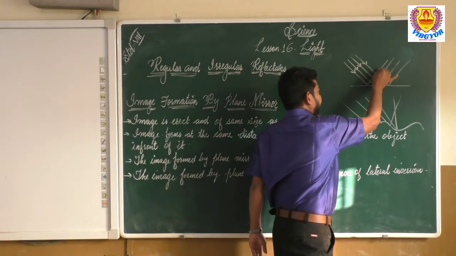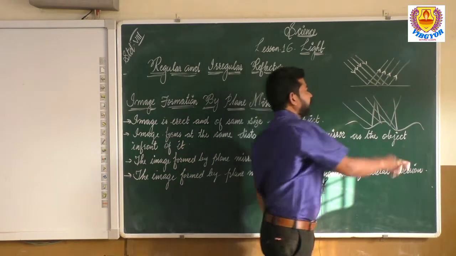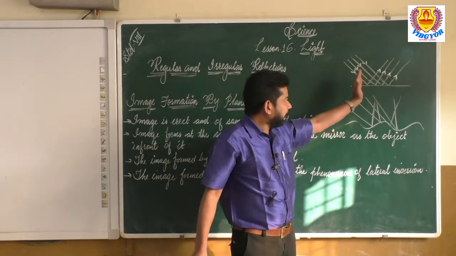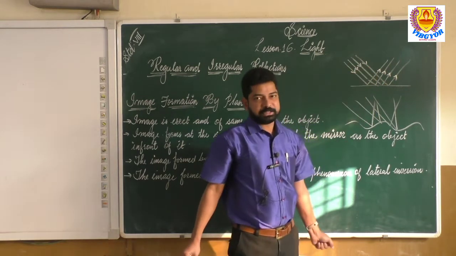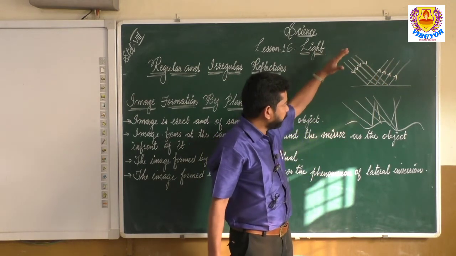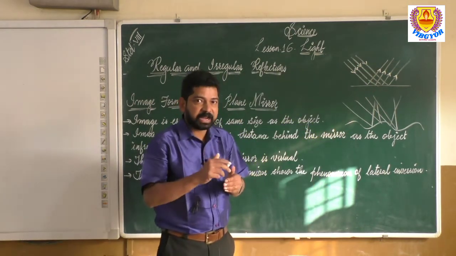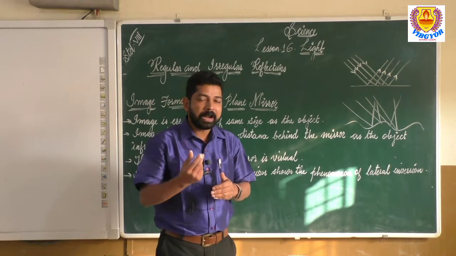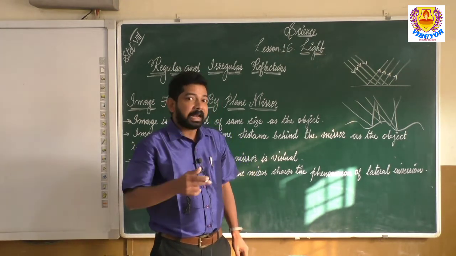So what happens? They reflect in a definite direction. See that they are reflecting in the proper direction. Such a reflection is known as regular reflection. What is it called? Regular reflection.